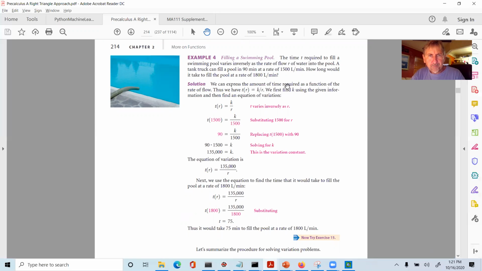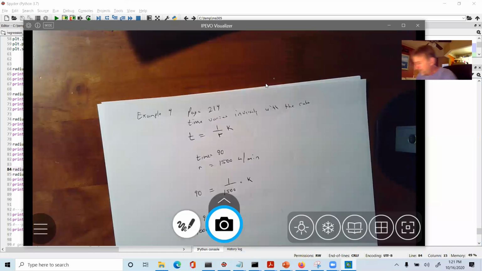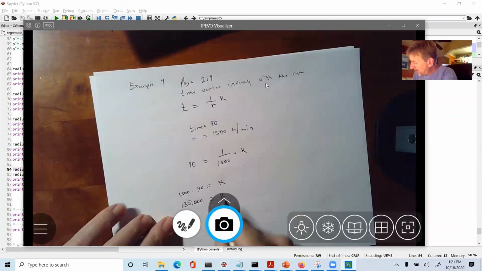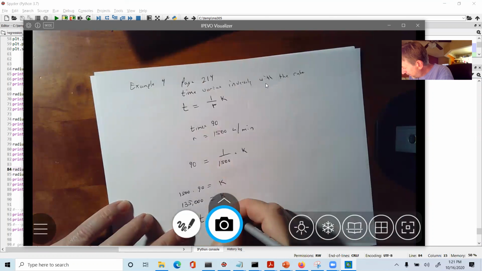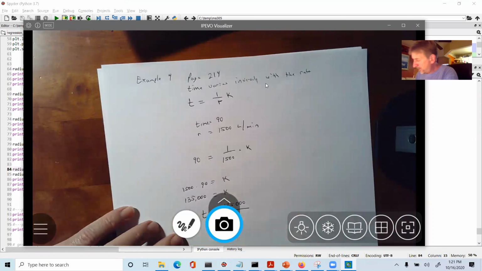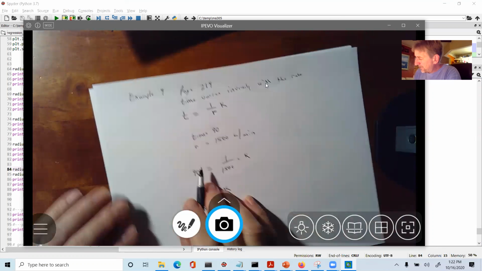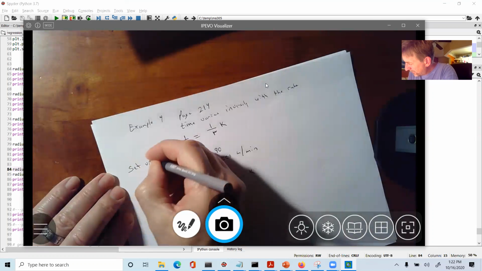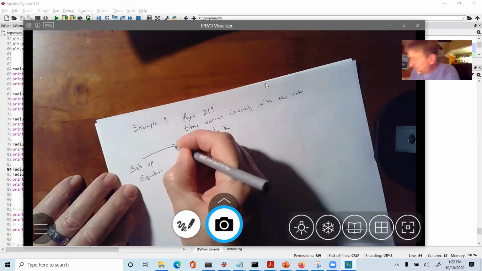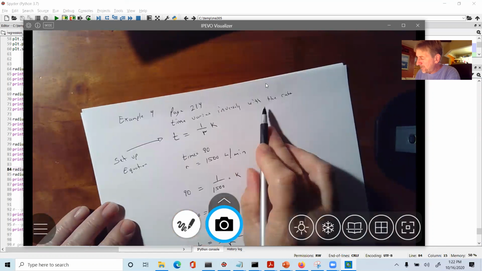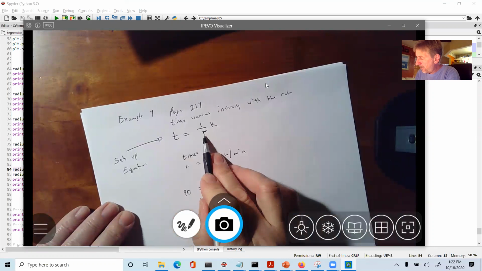Okay. And then how long would it take to fill a pool at 1,800 liters per minute? Once we solve for k, now we know it, we're going to plug that in. We have 135,000 over R. So first thing we do is set up the equation. They told us it varies inversely with time. So time equals 1 over R times k.